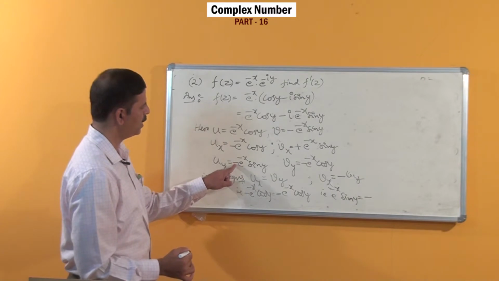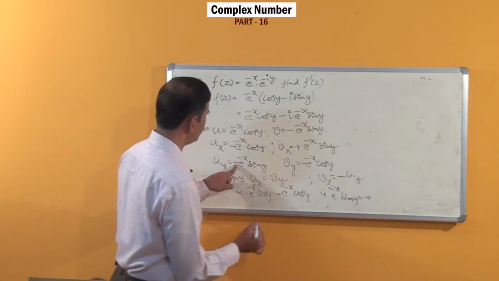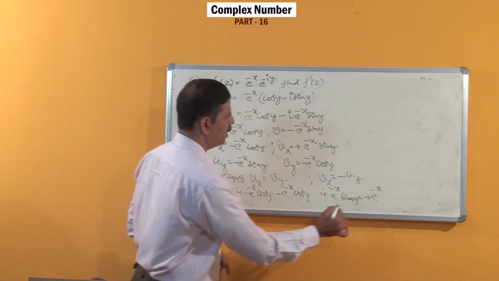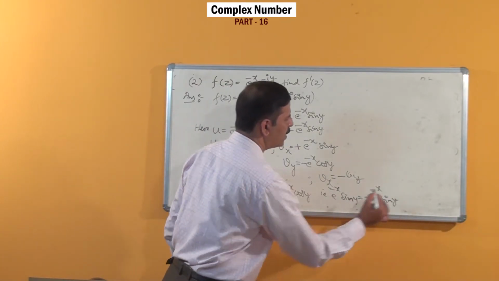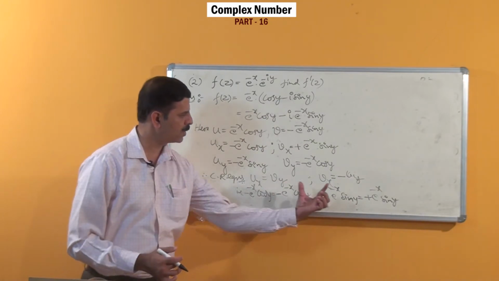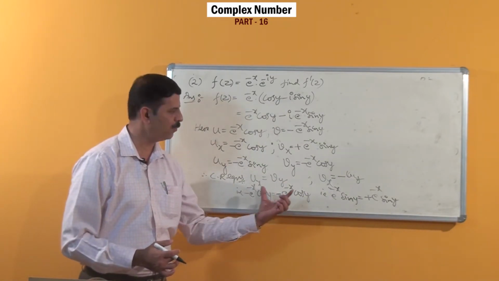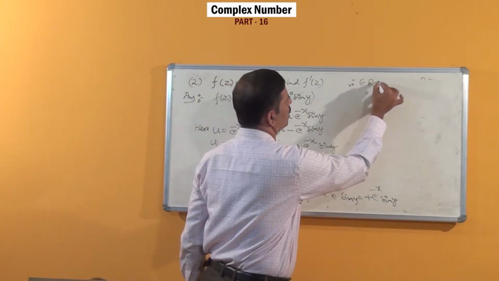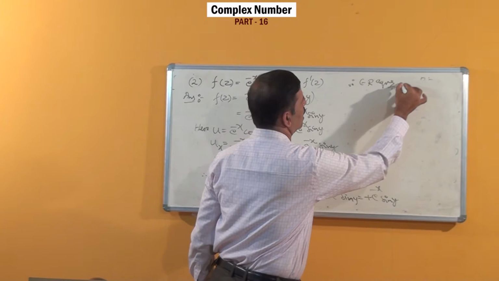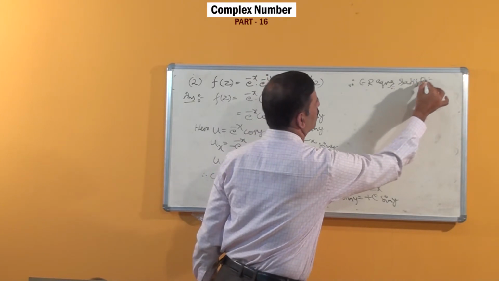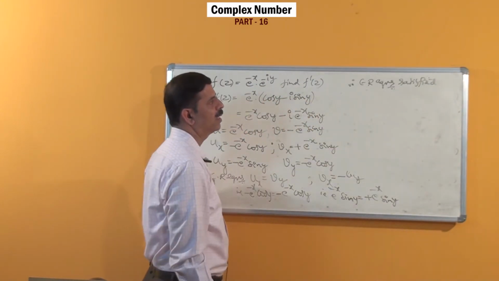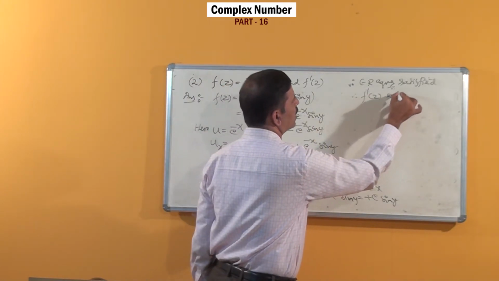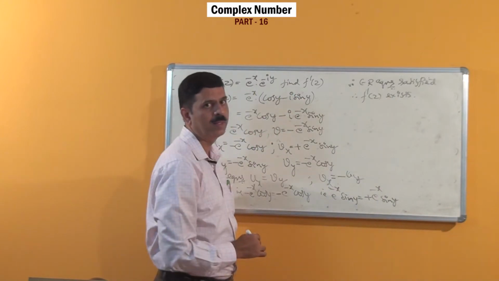This minus and this minus become plus, therefore e power minus x into sin y. Now we observe that both the terms are equal. Therefore the CR equations are satisfied, they hold good at a particular point. So what does it imply? f dash of z exists here.